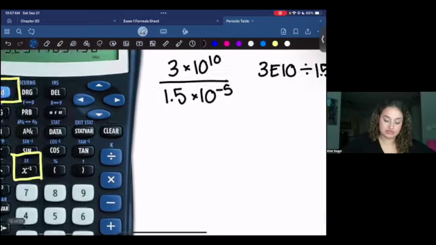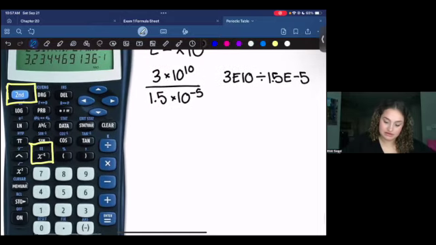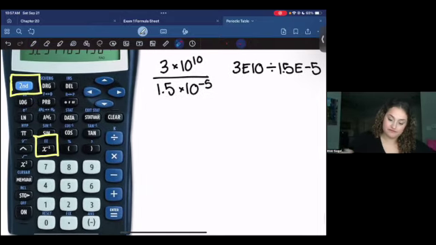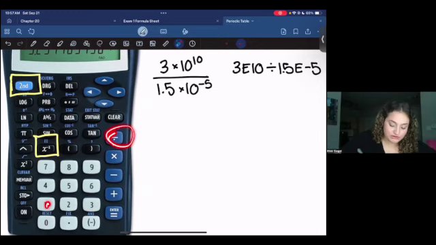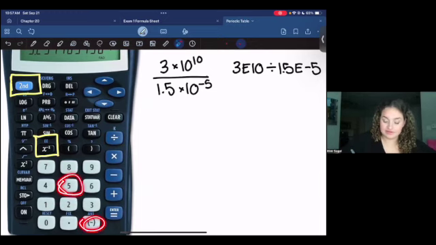So we would have 3, then second x to the negative 1, then 10, divided by 1.5, second x to the negative 1, then negative 5. And then you would just press enter, and this would give you your answer.